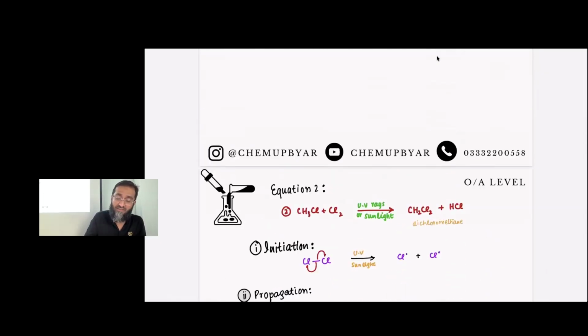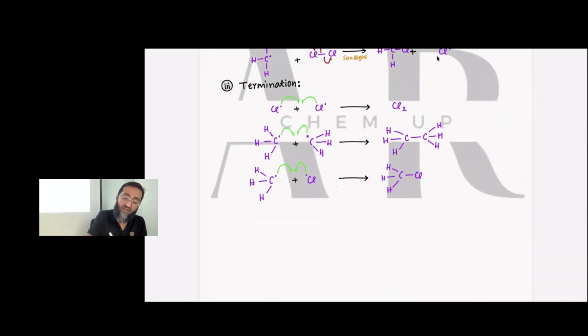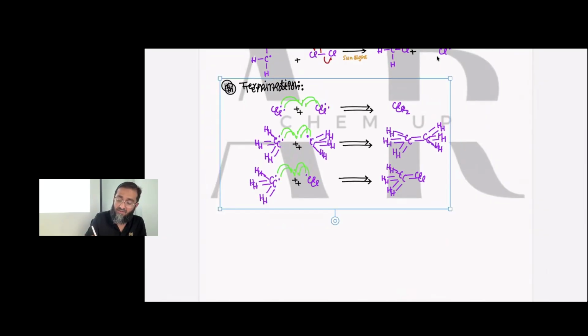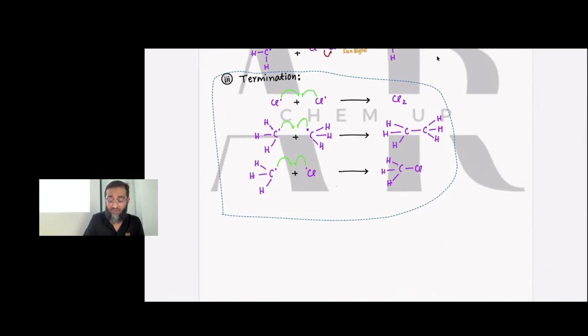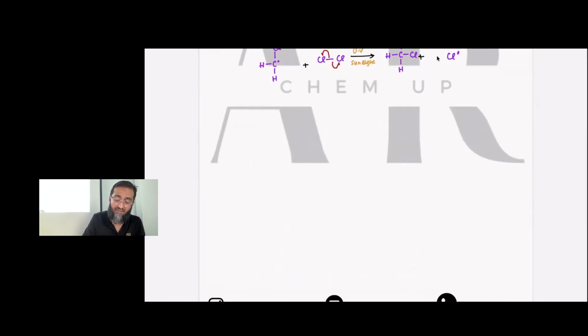Okay. Now the next step is termination. Again, we are going to see the three possibilities of termination. And what would be the difference here? The only difference is in the organic molecule or the organic radical, instead of CH3.